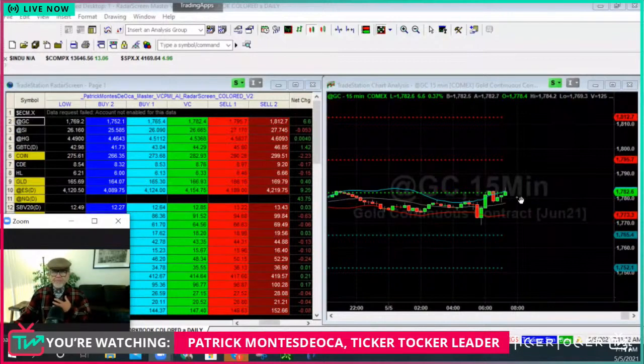So for me, it's a question of how do I take this intelligence and apply it to all of the trends. I want to see all of the trends, whether they're short-term, intermediate, long-term, or cyclical trends.